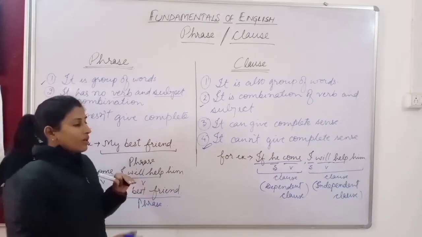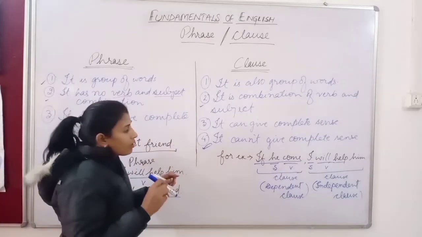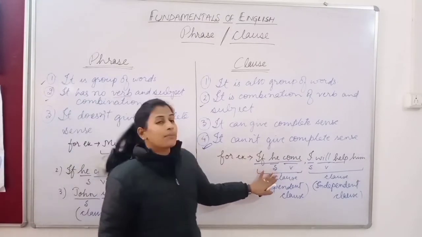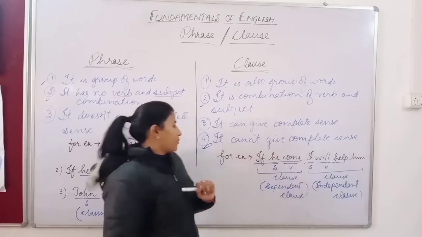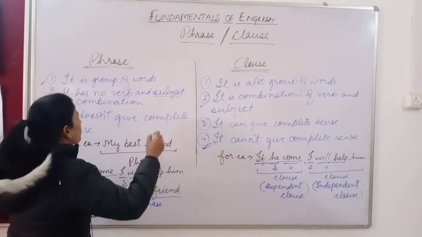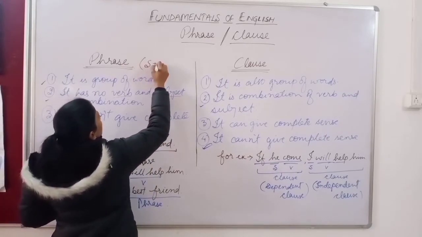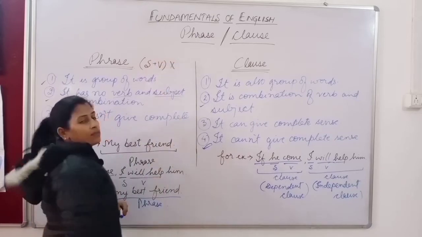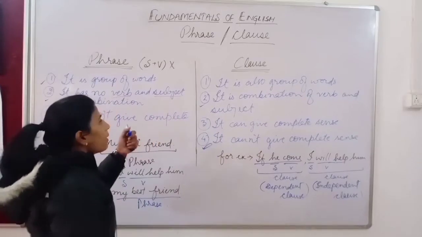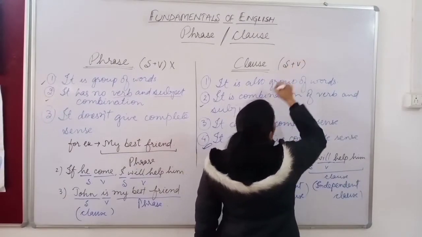Simply, you can define what a clause is by seeing the subject and verb. So you can say that a phrase has no subject and verb, but a clause has subject and verb.